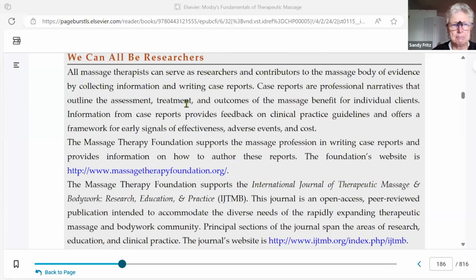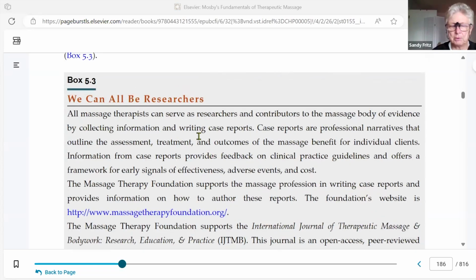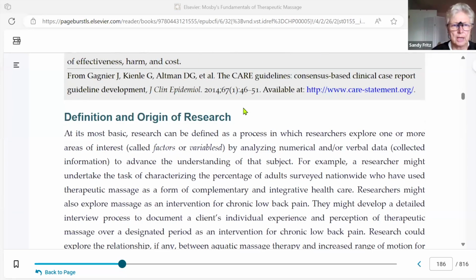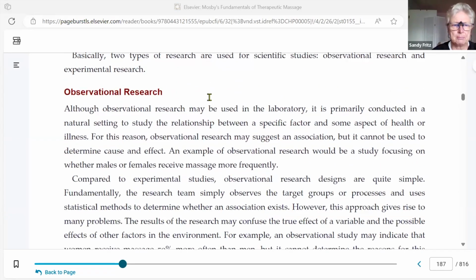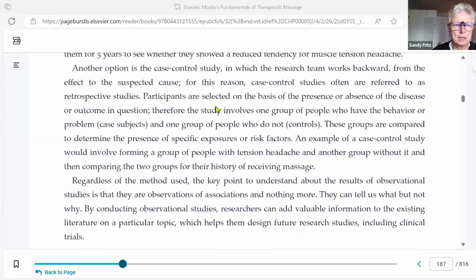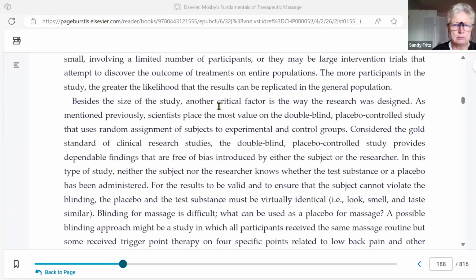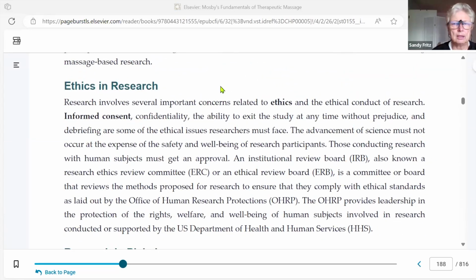And this is a box about the case reports I mentioned earlier. Some background here. This is good to know, will not likely show up on the NBLEX exam. And so as we scroll, there's also a lot of ethical behavior required in research.